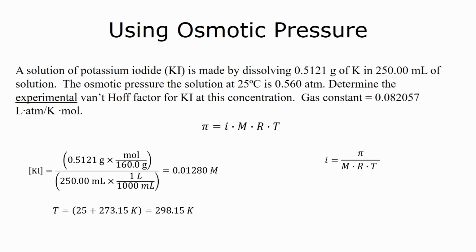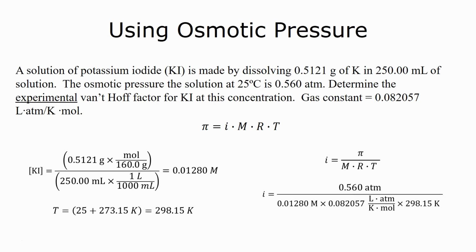So we're going to plug in our given osmotic pressure, divide that by the molarity, divide by the gas constant, divide by the temperature in Kelvin, and it turns out that at this concentration, which is a fairly high concentration, we actually have a Van't Hoff factor of only 1.79, as compared to the expected 2.